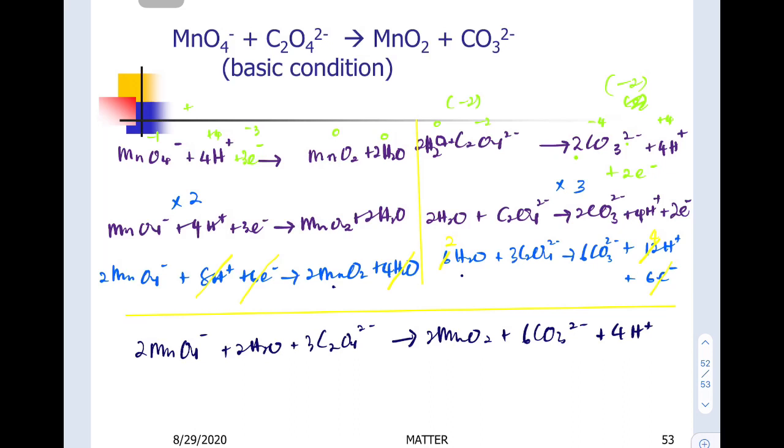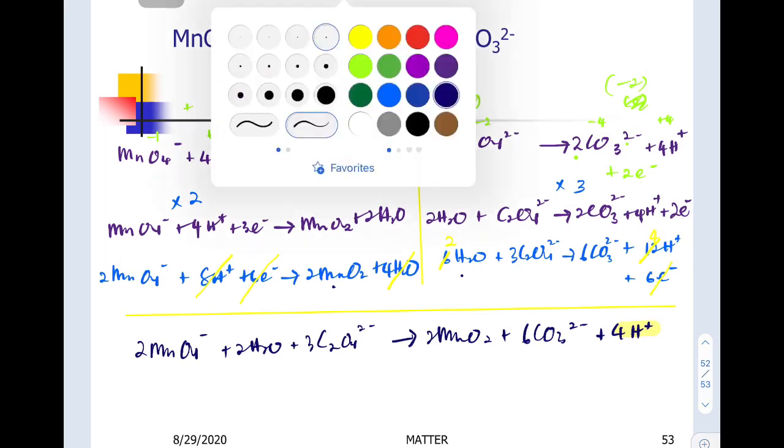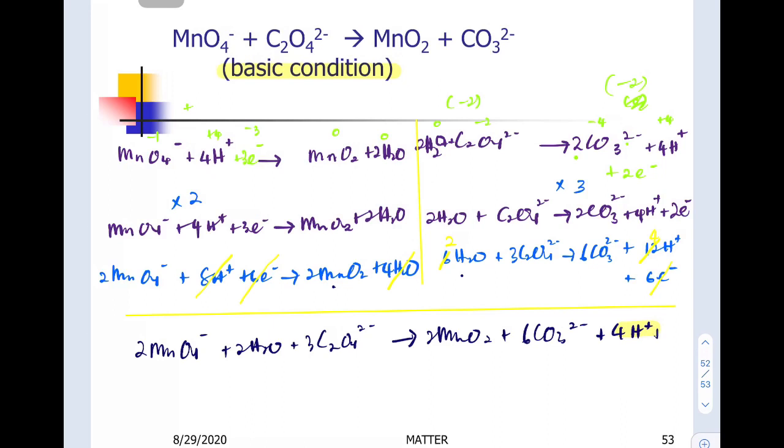If this reaction is in an acidic medium, this will be the final answer. However, since the reaction occurs in basic medium, we need to add another step to balance the H plus. H plus shows the presence of acid. To balance it, we add hydroxide ions, the same amount as the H plus that we have, to both sides. So we need to add 4 hydroxide at the right and 4 hydroxide at the left.